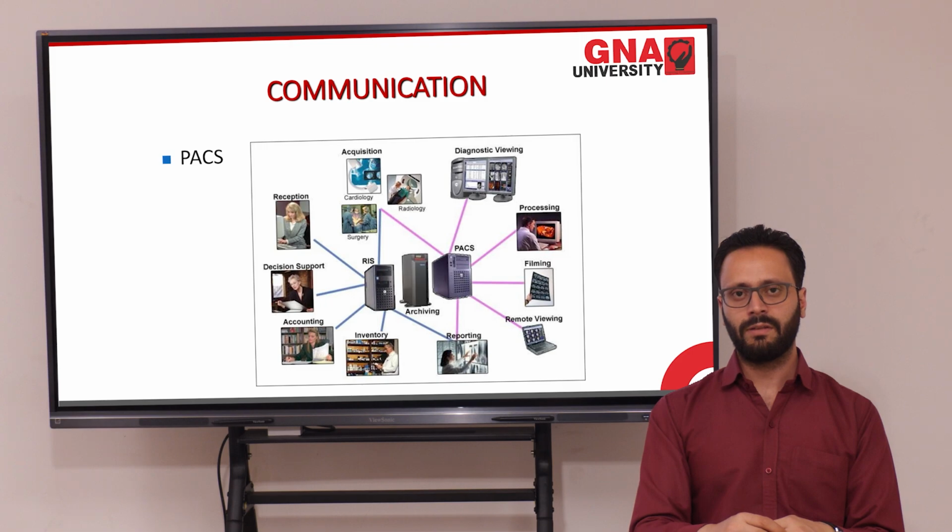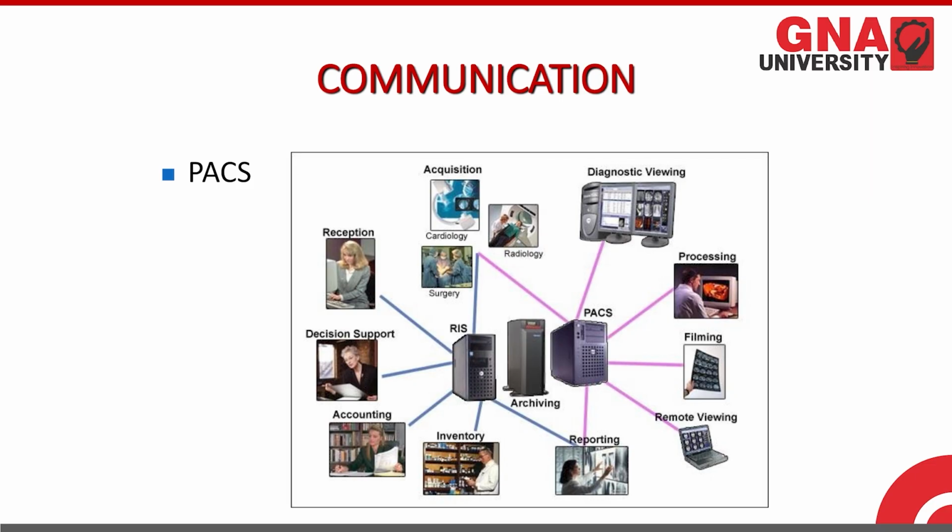The most advanced and presently used is PACS, the Picture Archiving and Communication System. Here we create a network between multiple departments, and we don't need to provide a physical copy. Rather, we can digitally send the image from the radiology department to any other department within the hospital or outside the hospital.